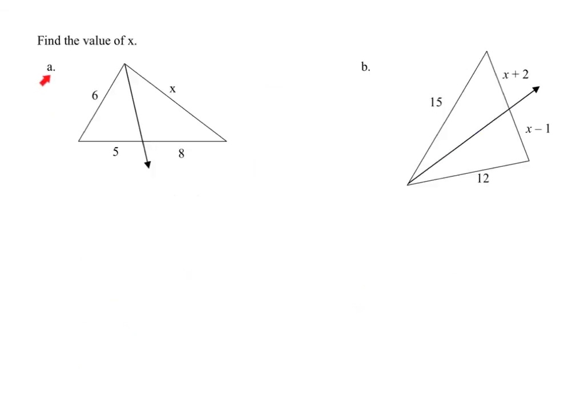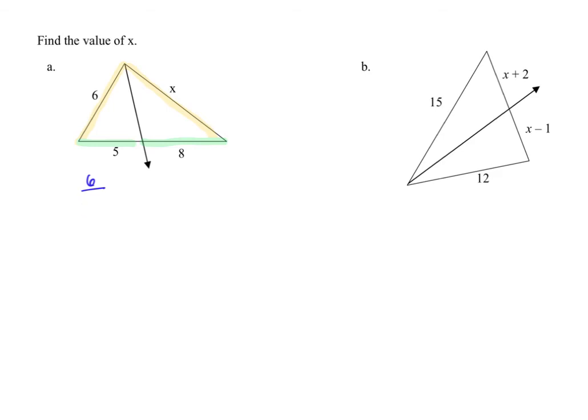Now let's take a look at letter A. We're going to set up a within ratio. So we can use the triangle angle bisector theorem, making 6 proportional to 5 and X proportional to 8. So if I was writing a within ratio, the 6 would be compared to what value?